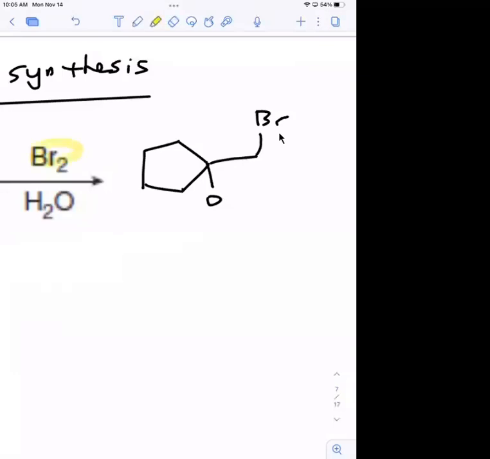Notice I'm starting with Br2, right? But I'm also doing it in water. So water is actually gonna pop open the Br2 ring rather than the other bromine, right? And there's a reason for that, I'll explain, because water in this case is the solvent.